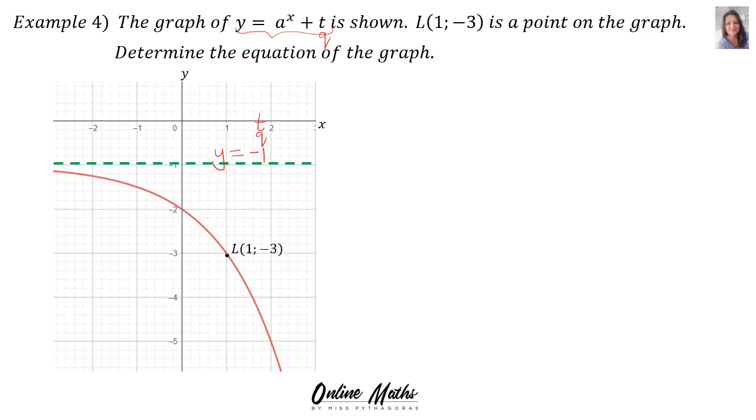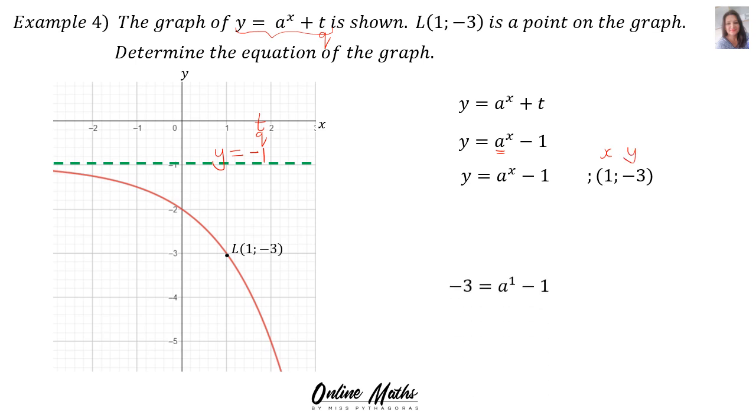So now we will start with their funny equation. y is a to the x plus t. t is the horizontal asymptote, which is -1. And then we will calculate a by using this other coordinate that they gave us, the point (1, -3), consisting of an x and a y.